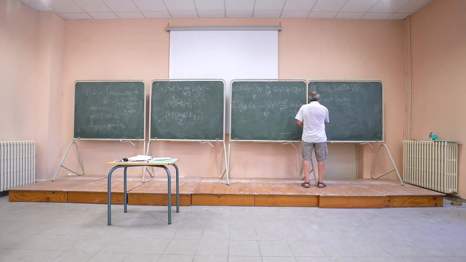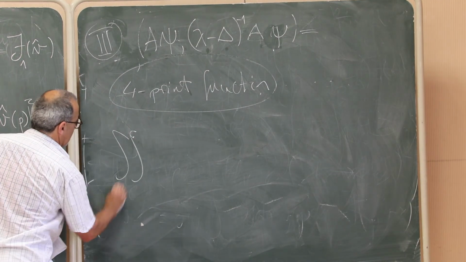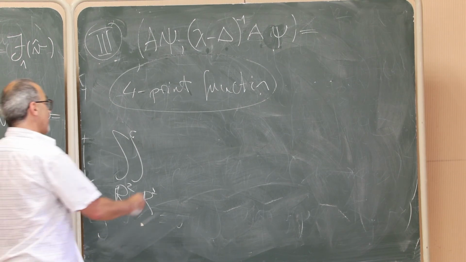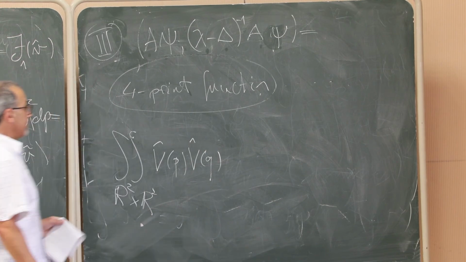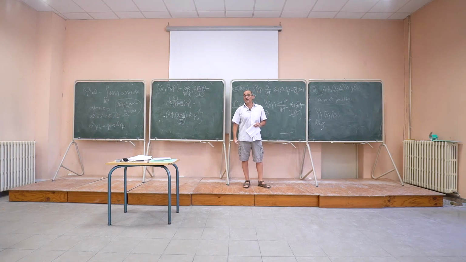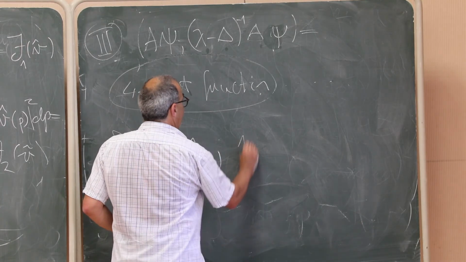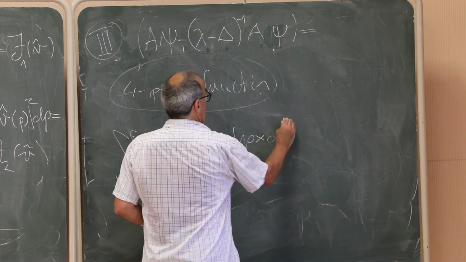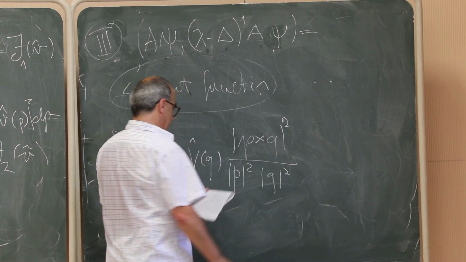So altogether, after computations, you get a double integral on R squared cross R squared. You have a V hat p, V hat q. This is actually a very instructive calculation. If you want to understand Gaussian fields and all that, do these computations yourself because it's instructive. You have a p vectorial product q, squared, over p squared q squared.